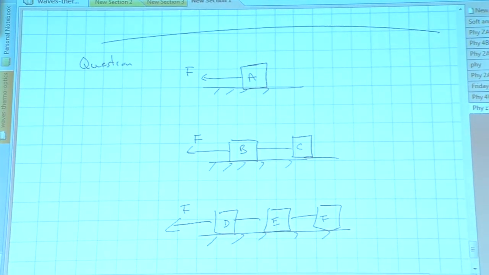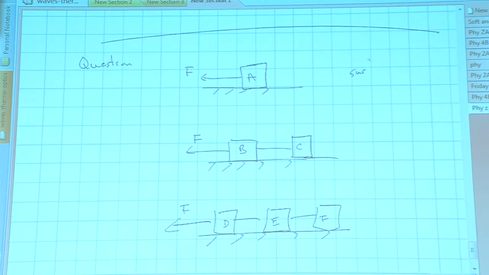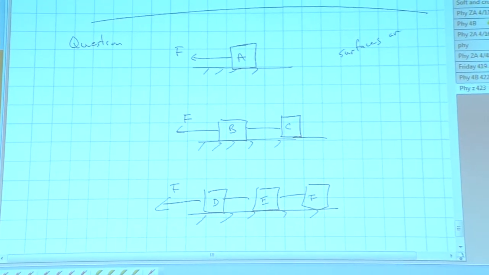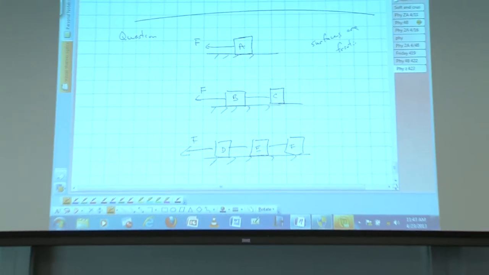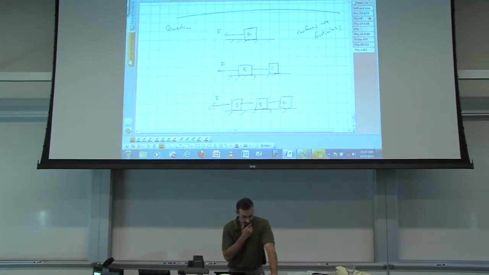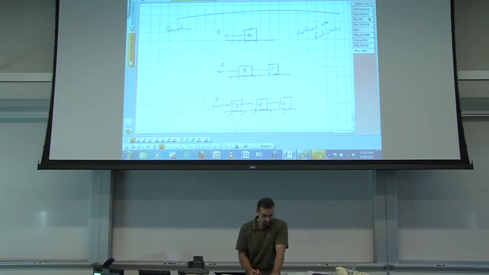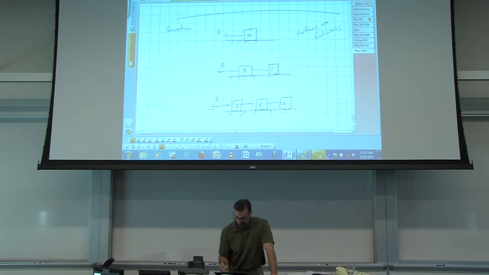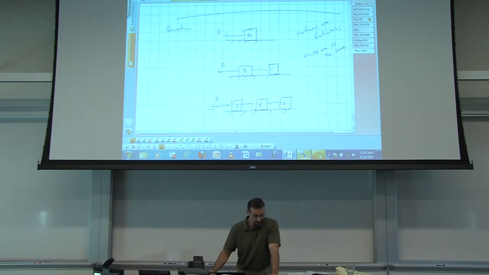Frictionless surfaces. The blocks are all the same, and the pulling forces are all the same.